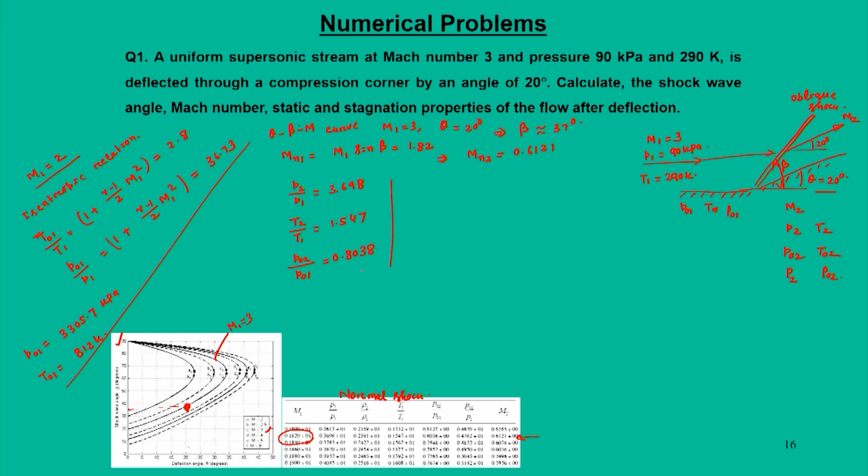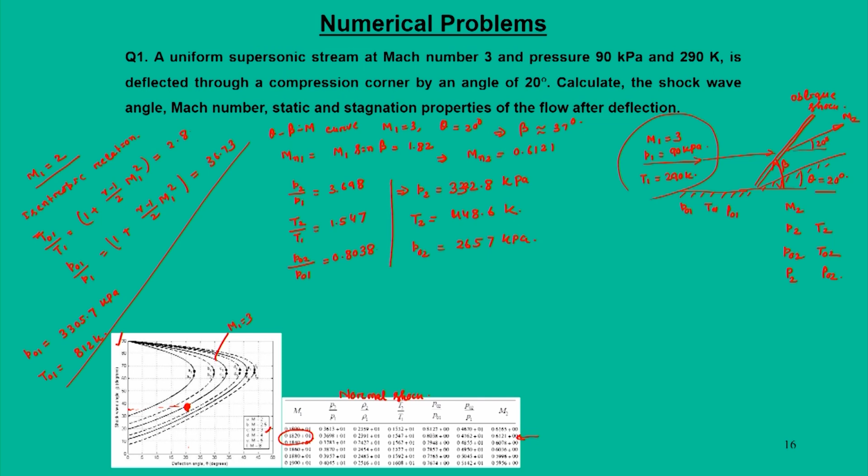Since we know P1, T1 and the stagnation conditions, this will give you P2 is equal to 332.8 kilopascal, T2 is equal to 448.6 Kelvin, P02 is equal to 2657 kilopascal.